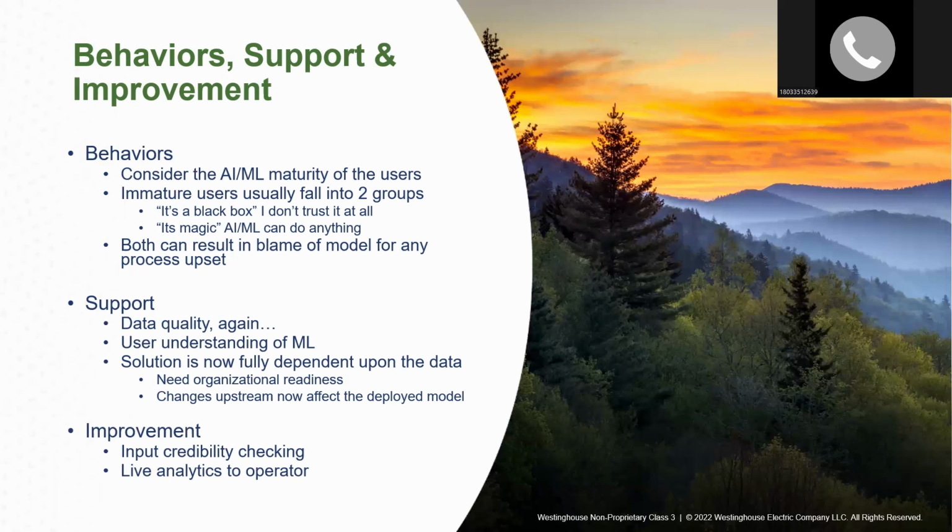We now monitor the inputs of the model to identify any abnormalities in those inputs and raise those along with live analytics to the operator. So they can make a decision to pause if something has gone awry upstream, because if there's an anomaly in the inputs, that's an indication that you might not be able to trust the output of the model and you should take action.